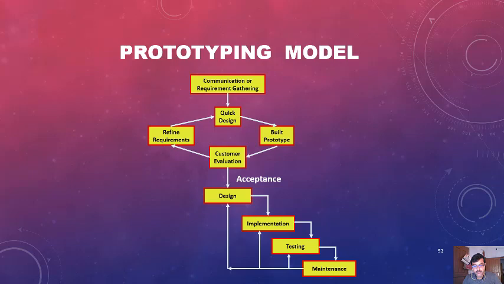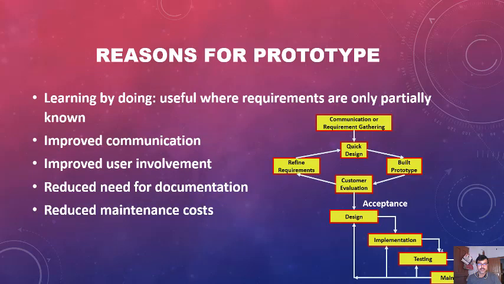If a working prototype is built, the developer attempts to make use of existing program fragments or applies tools that enable working programs to be generated quickly. So after accepting the prototype, once you have gathered all the requirements, you throw out the prototype and then go to the actual design phases.